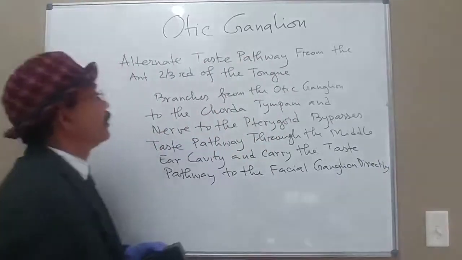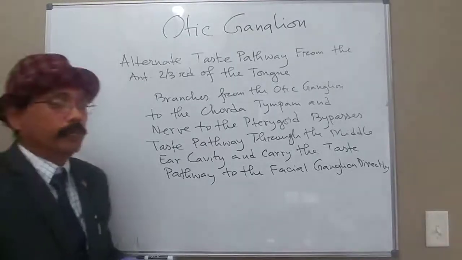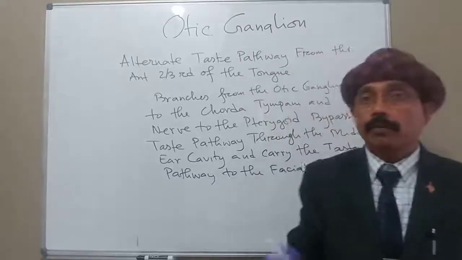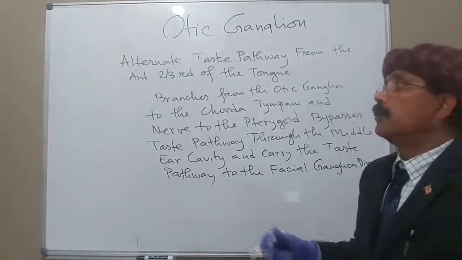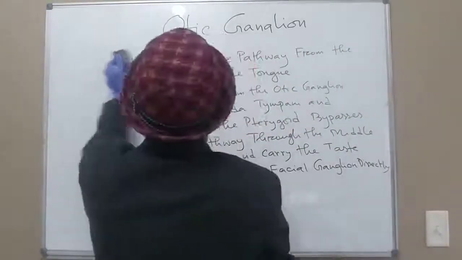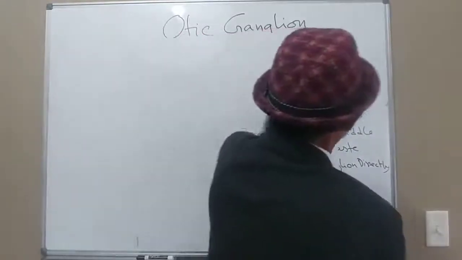Okay, so we got that alternate taste pathway through the chorda tympani nerve and nerve to the pterygoid canal. From the otic ganglion, we may have that alternate pathway. There's some connection there. In humans, it is found. Okay, so we have gone through the otic ganglion.